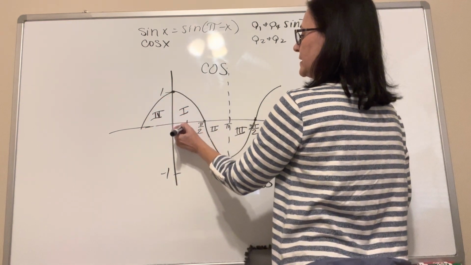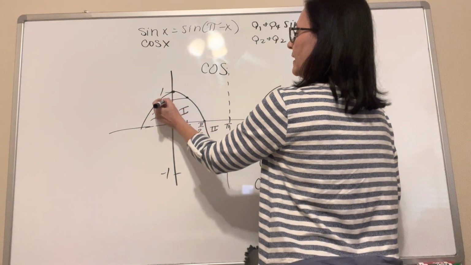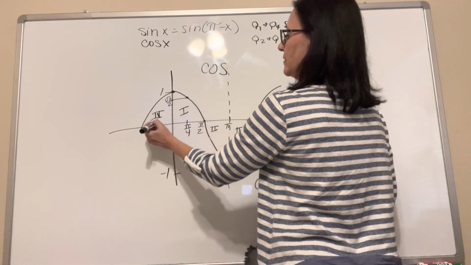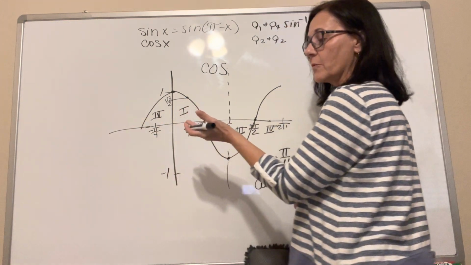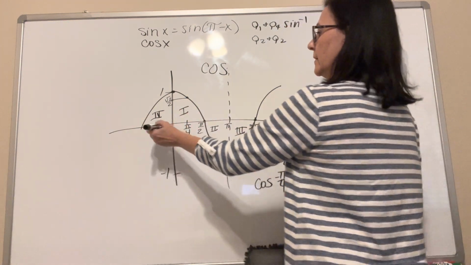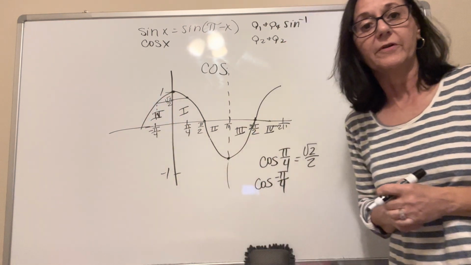So if this is pi over 4 here, that's the square root of 2 over 2. Negative pi over 4, because those are negative angles because we're rotating clockwise, is also square root of 2 over 2.